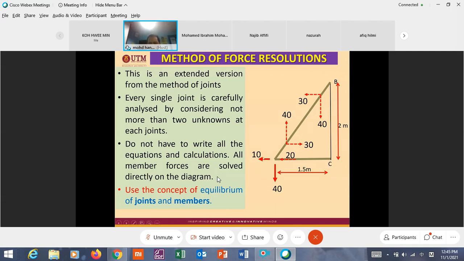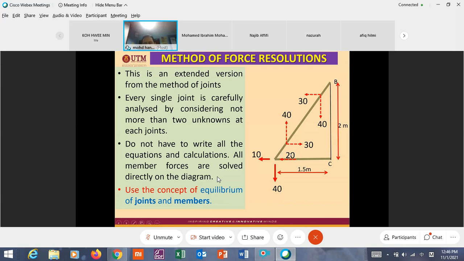So what is the force here? Okay. Now you have 10 here. You have 30. So this joint, in horizontal, is not in equilibrium unless you put another force here, 20.